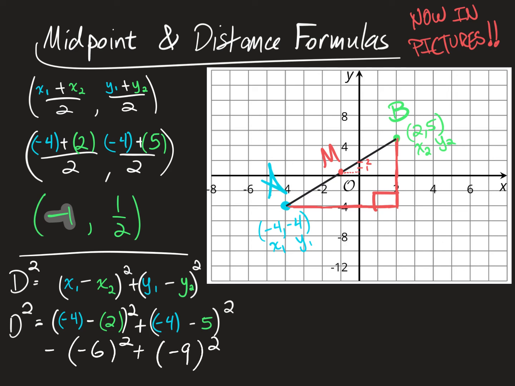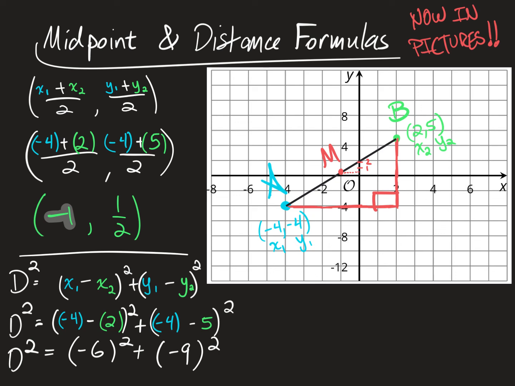Squared, squared. I'm just going to keep leaving this as d squared, so maybe you can see why we have to take the square root of both sides here in just a moment. And you might also be wondering, hey, negative 6 isn't a distance. Distances are always positive. You're right.